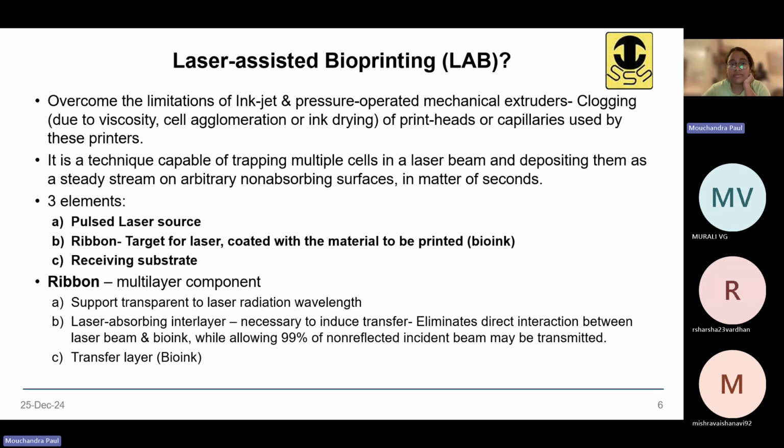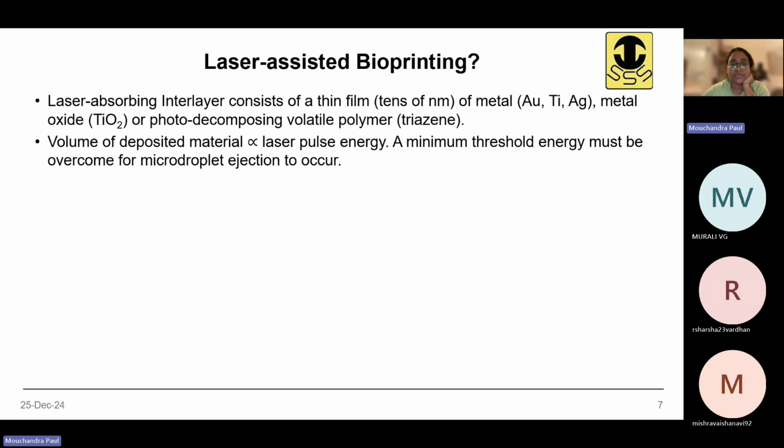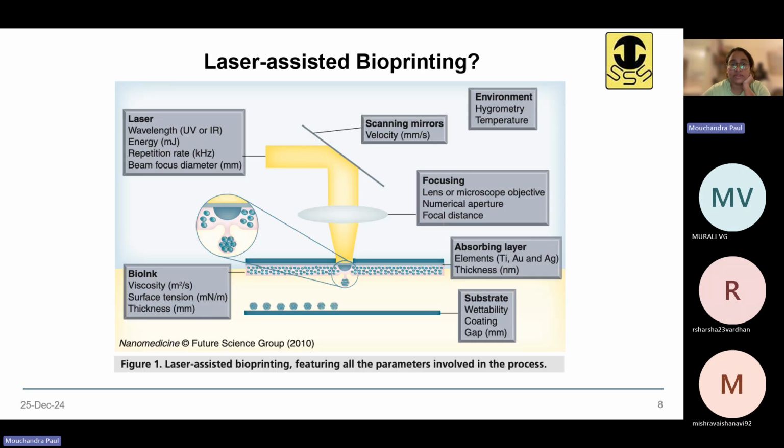The laser assisted bioprinting system consists of three key elements. Let me show you this image. This is the system that I'm talking about. These are the three elements, right here in this area, if you can follow the laser pointer.